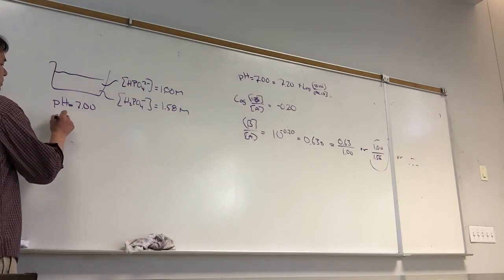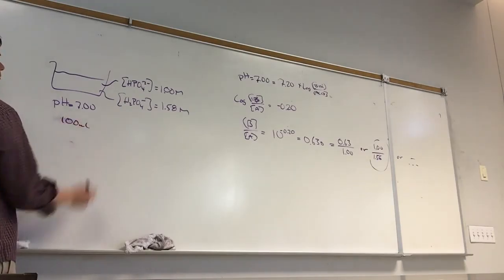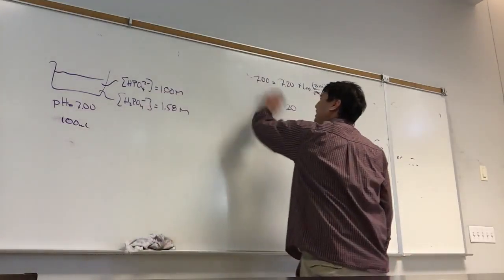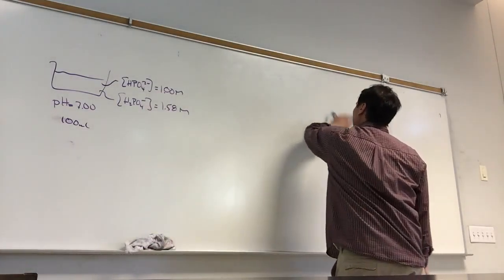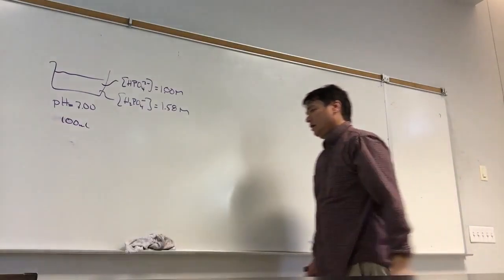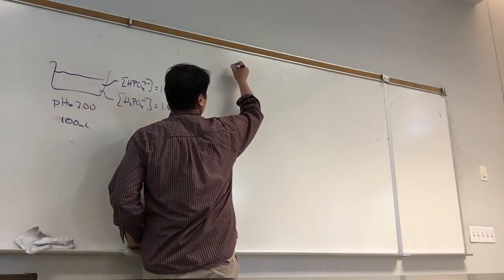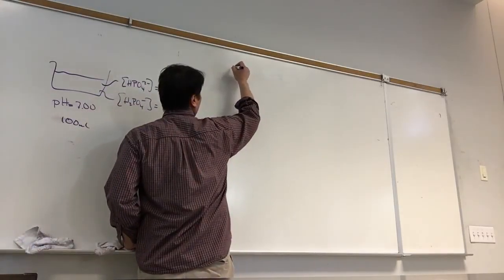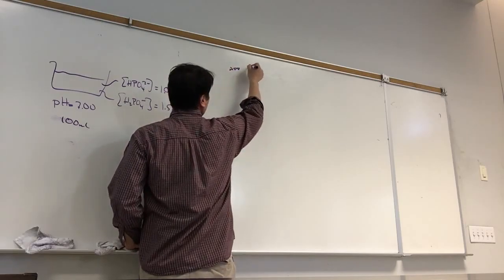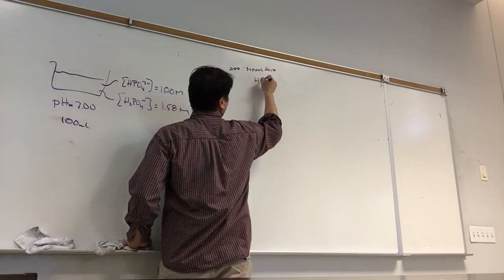All right, I'm going to take 100 mils of this, and then see how this buffer responds to added acids and added bases. And so here, I have this buffer. I can add strong acid, such as HCl.